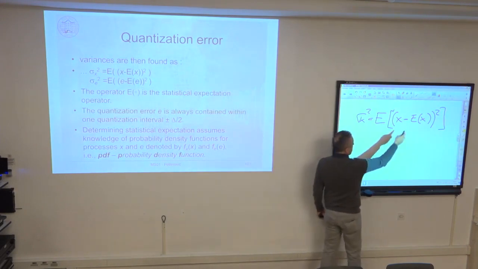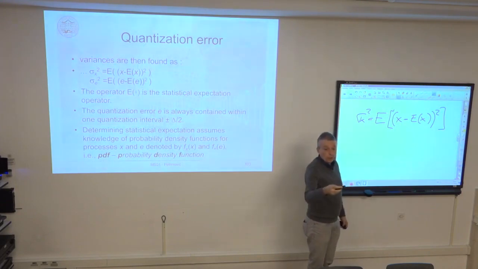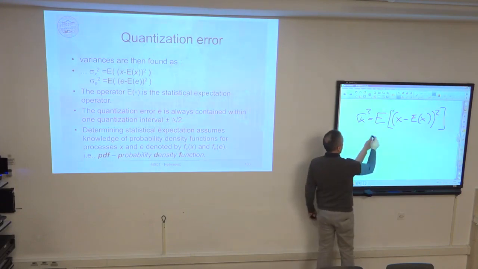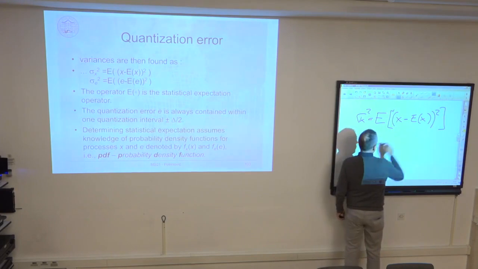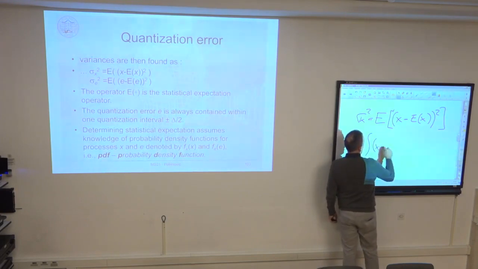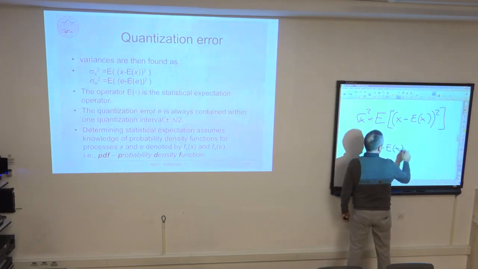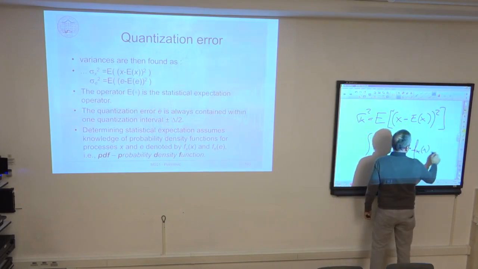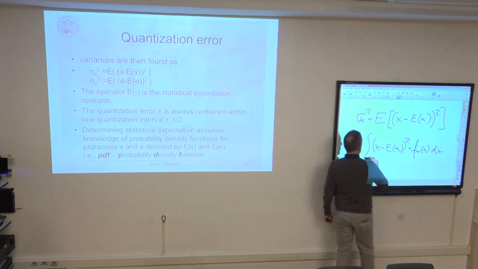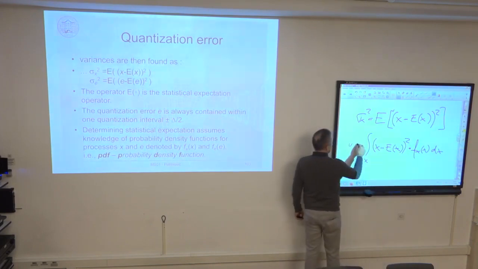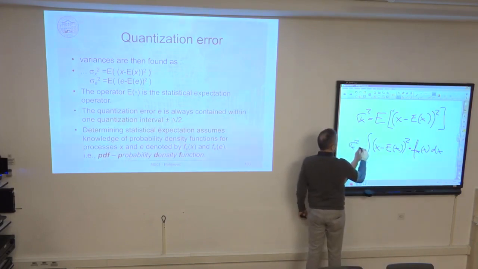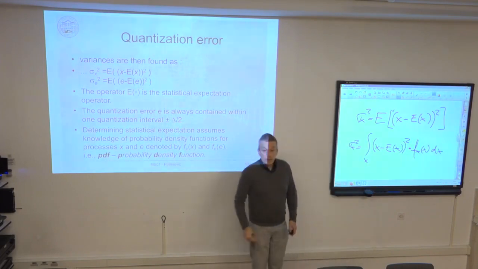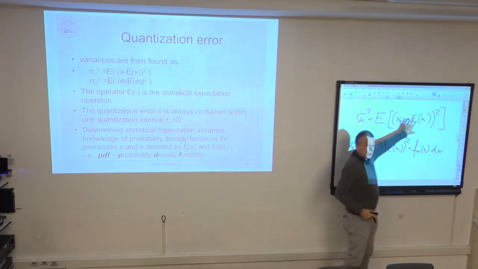Exactly the same way as I did for the expected value. The only thing I have to do is find the integral of (x minus the expectation of x) squared, times f_x of x, dx over x. And I will get sigma x squared. Because this here is a function of a random variable.